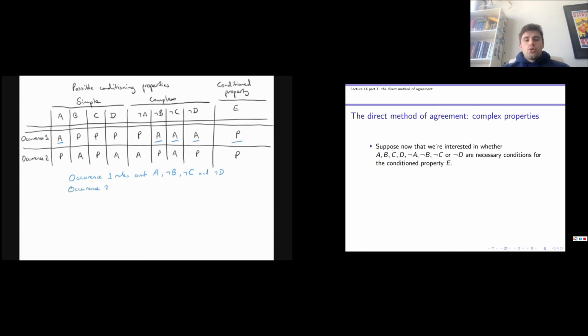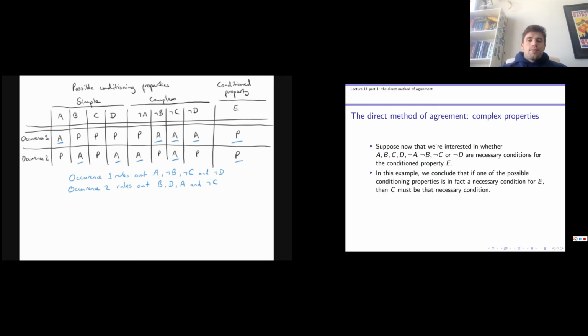And occurrence 2 rules out B, D, A, and not C again as necessary conditions for E. So our conclusion, after applying the direct method of agreement, is that if any of the possible conditioning properties are necessary conditions for E, then C is that necessary condition.